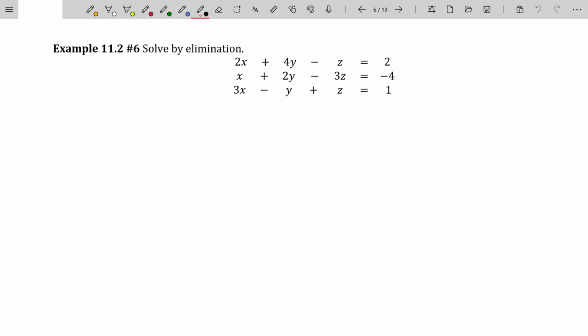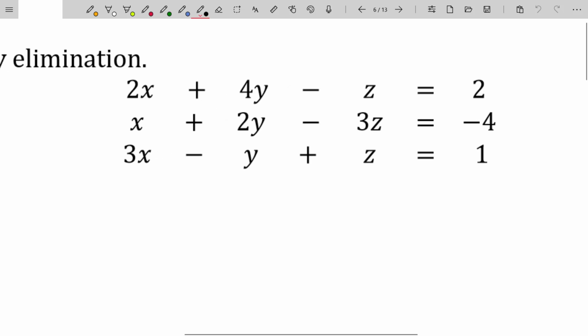Now let's go ahead and review elimination. If you don't know Gaussian elimination, then you don't really have an algorithmic method for solving a system of equations using elimination, and so it can be kind of a crapshoot. First of all, you should already know to align your variables into columns like this.